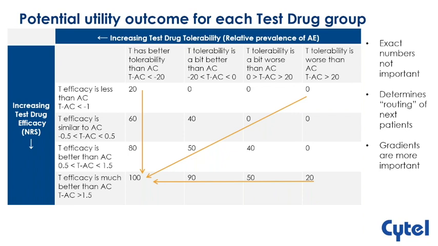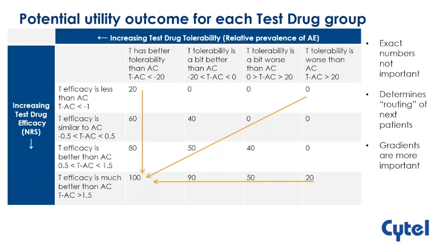If it was within 0.5, that was considered similar efficacy. If it was between 0.5 and 1.5, that was considered better. And if it was a difference greater than 1.5, that was considered much better.